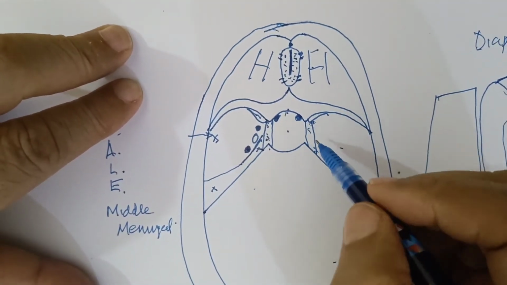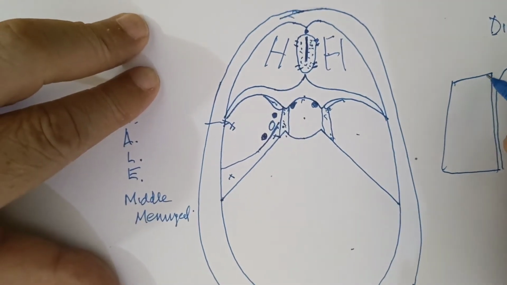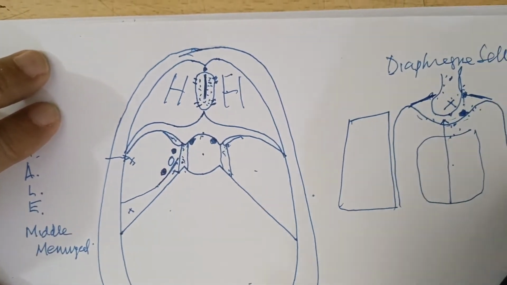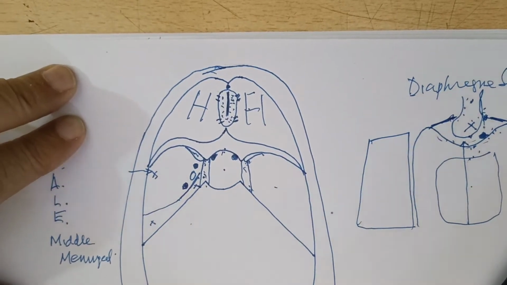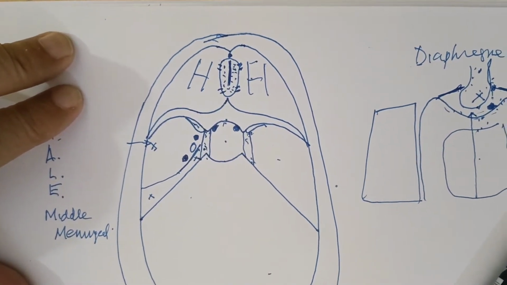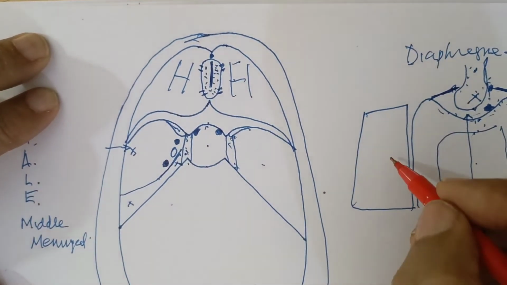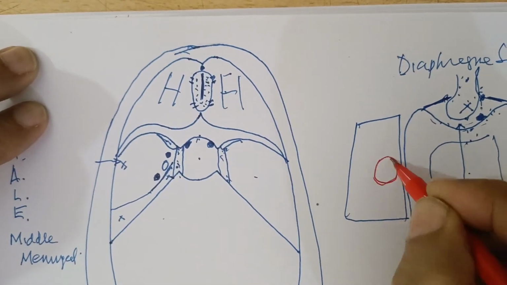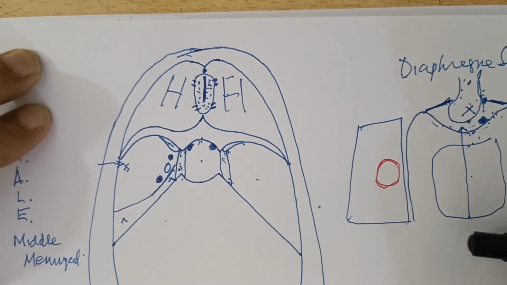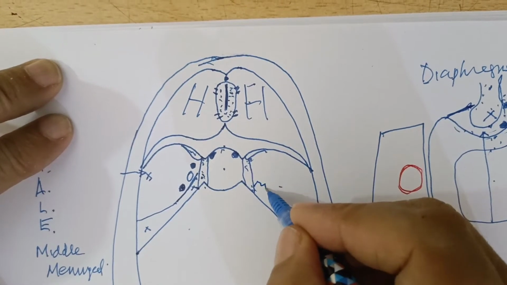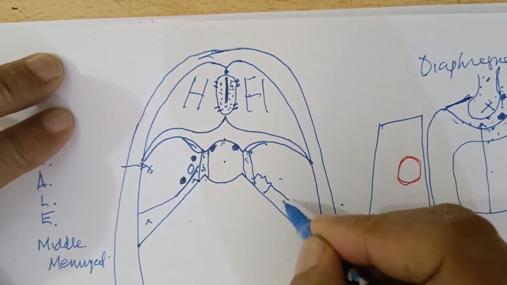So this is the cavernous sinus, and in the cavernous sinus, I want you to remember that there is a carotid artery. This carotid artery, there is a foramen lacerum here. Here is the carotid canal.